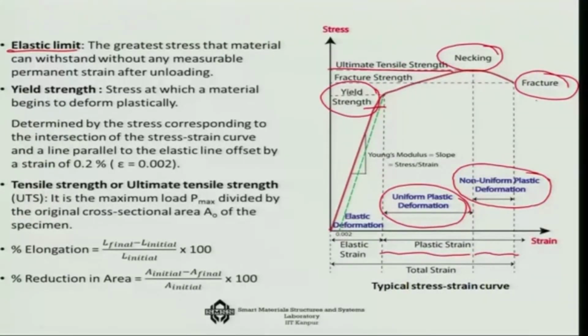That is why ultimate tensile strength plays a very important role in product design. The other two important factors are the percentage elongation, that is the difference of final to initial length over the initial length, and similarly for the area. That tells us how compliant the material is.